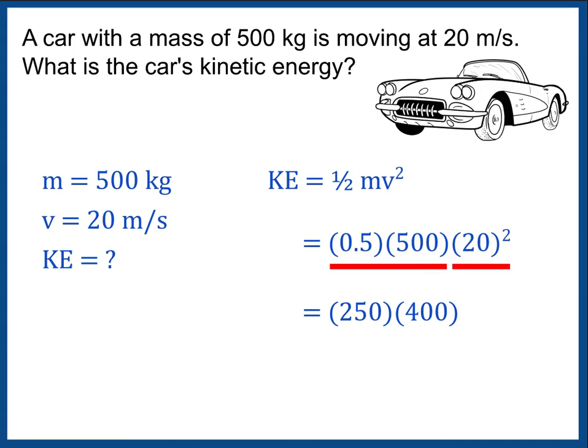So 0.5 times 500 is 250, and 20 squared is 400. But the formula is all multiplication in between all the parts. So we would multiply 250 times 400, and that comes out to be 100,000 joules. Now that is a much bigger number than the previous examples, but this is a much larger object, more kilograms, and it's going a lot faster. And so that all plays into how big the kinetic energy is.